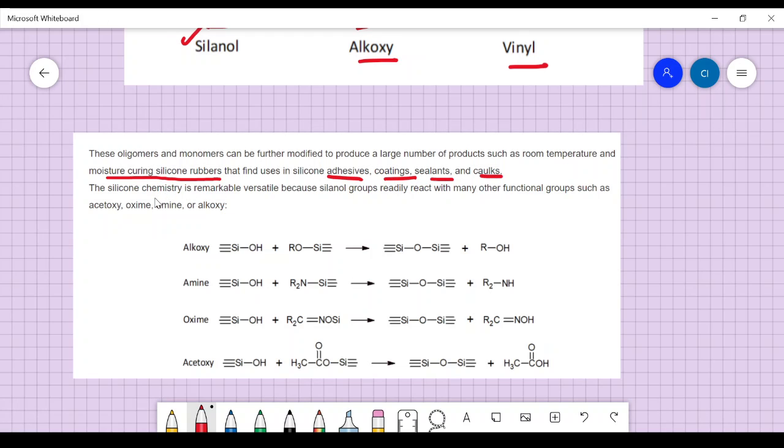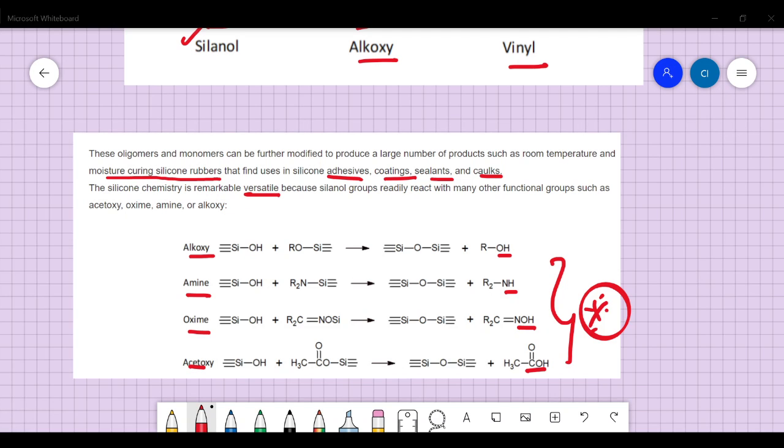So it's remarkable and versatile. Versatile means very wide, because of some of the substituents that are there: alkoxy, amine, oxime, and acetoxy. You can see alkoxy has OR, R2NH, R2NOH, R2COH, some important derivatives of the silanes, and these change the property of the silicones.